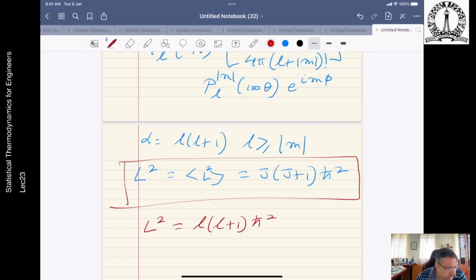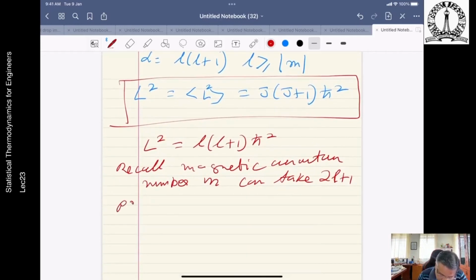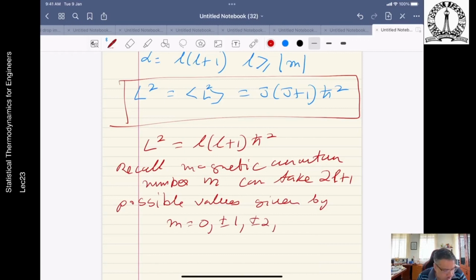And we recall that the magnetic quantum number m can take 2l plus 1 possible values, given by m equal to 0, plus minus 1, plus minus 2, continued up to plus minus l. This also we did earlier.